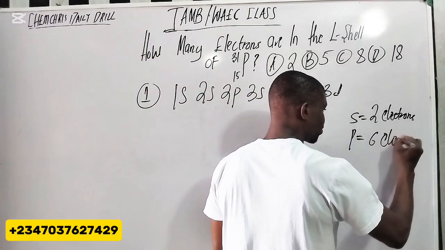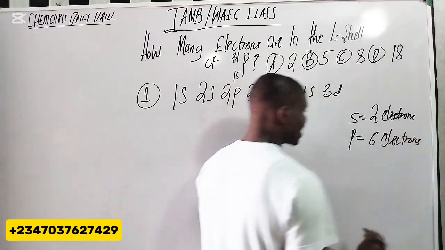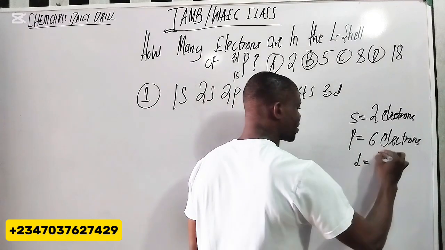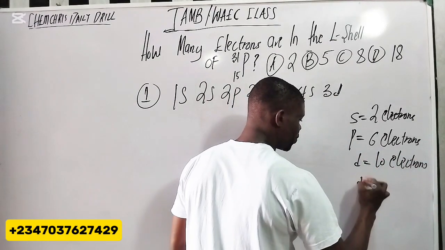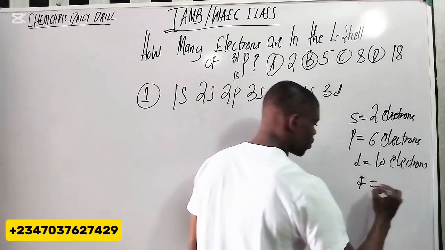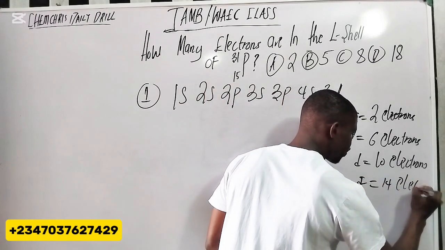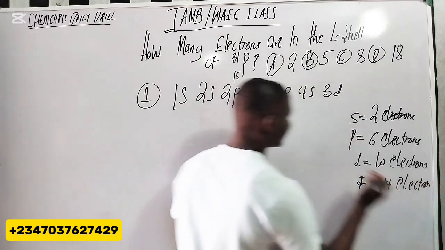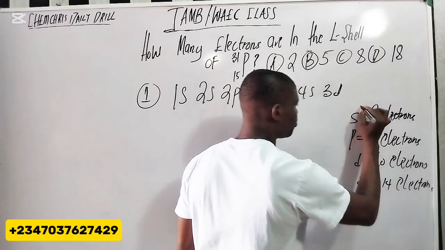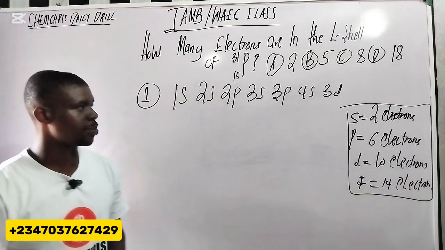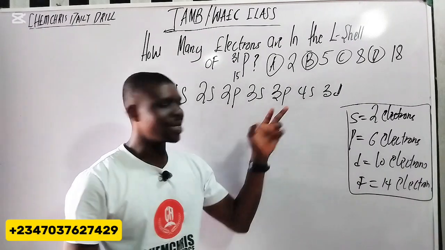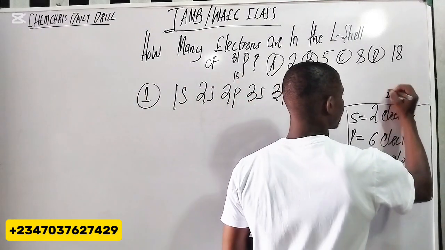The d orbital can accommodate 10 electrons, while the f orbital can accommodate 14 electrons. This is another thing to put in mind. So the first one to put in mind is the order of orbitals, and the other thing is number 2, the capacities.